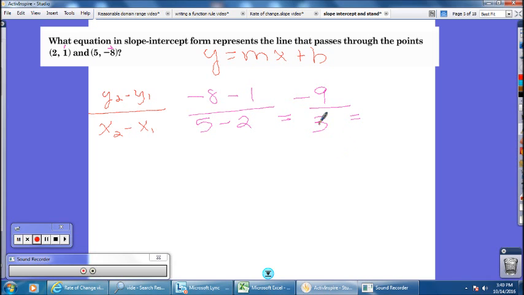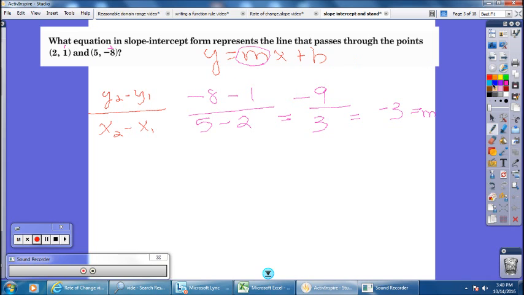This can be simplified. 9 divided by 3 is 3, and it's negative, because a negative divided by a positive is a negative. So there's my slope. So we're almost there. I have my m. It's -3, but I still need my b.